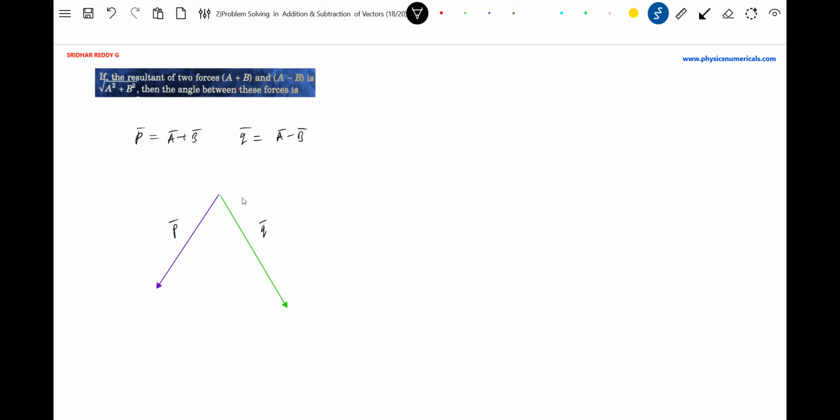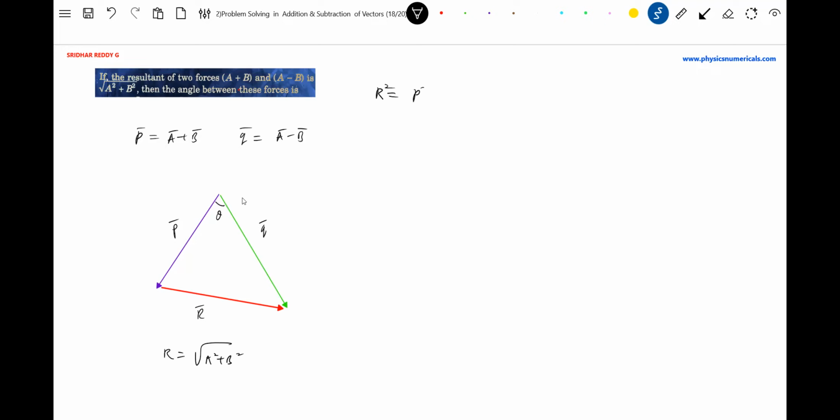If the resultant of two forces has magnitude root of A square plus B square, here the resultant vector we will show from P to Q. This is, let me say, R bar. What is R equal to? R is equal to root of A square plus B square. Hope you are able to understand now. The angle between vectors is theta. Let me apply the cosine rule.